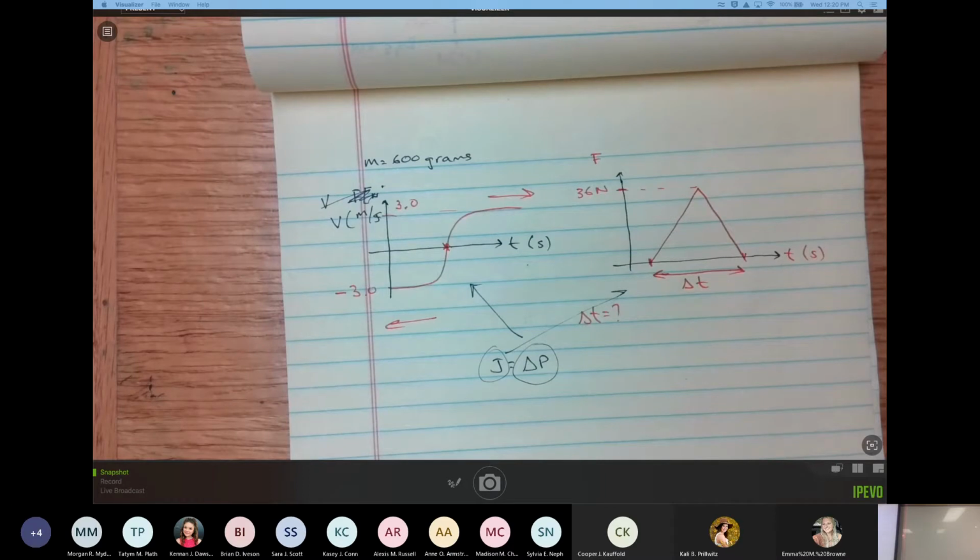So if you don't care what happens in the middle, the only thing that you care about is the initial velocity and the final velocity. So with that, you can look at your momentum equations, and that's the one that you use. And remember to change this to kilograms. So 600 grams will be 0.6.